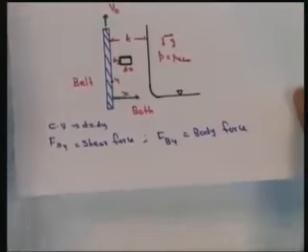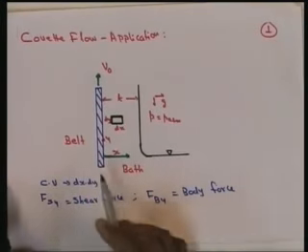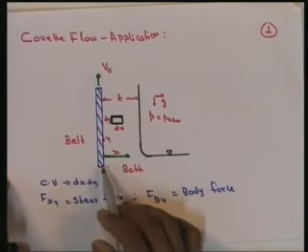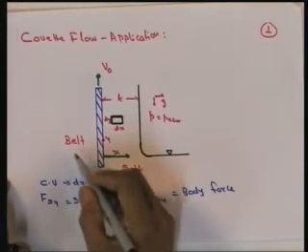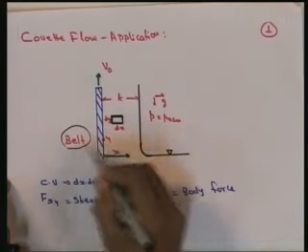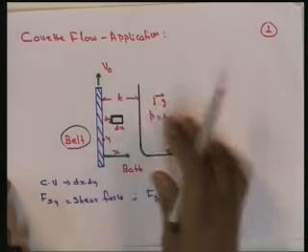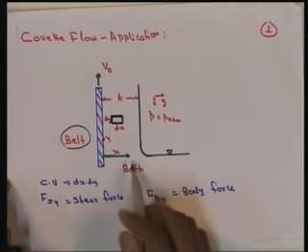This particular case is explained in this figure, showing the application of Couette flow. Here the belt is moving with a velocity V0, and this is the tank where the chemical in fluid form is kept, the bath of fluid.